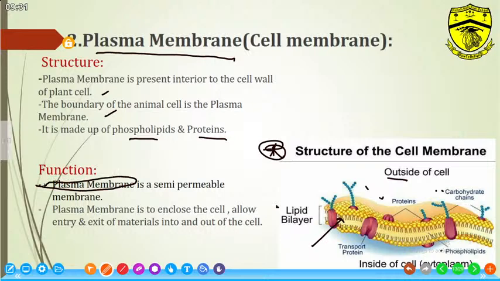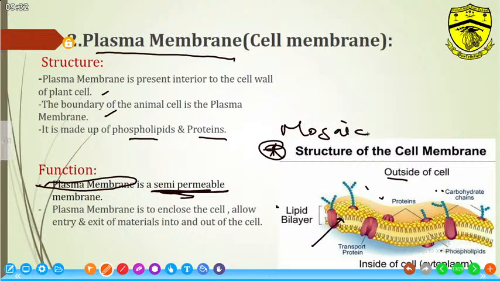What is the function of the plasma membrane? You know that that is a semi-permeable membrane. That's shaped like a mosaic structure. The fluid motion, the movement is also present in it. So we call this structure the mosaic one.